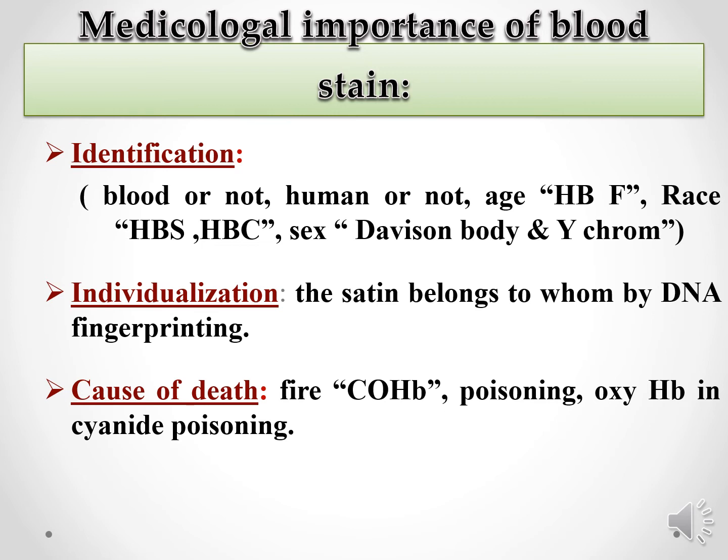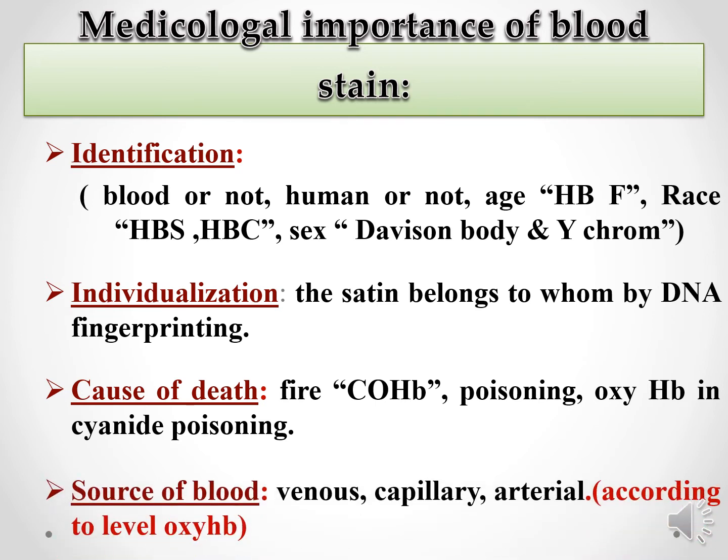For example, carboxyhemoglobin elevates in any burn or fire, so I will know the cause of death from the blood stain through the level of carboxyhemoglobin. Source of blood, according to the level of oxyhemoglobin, may be either venous, capillary, or arterial.